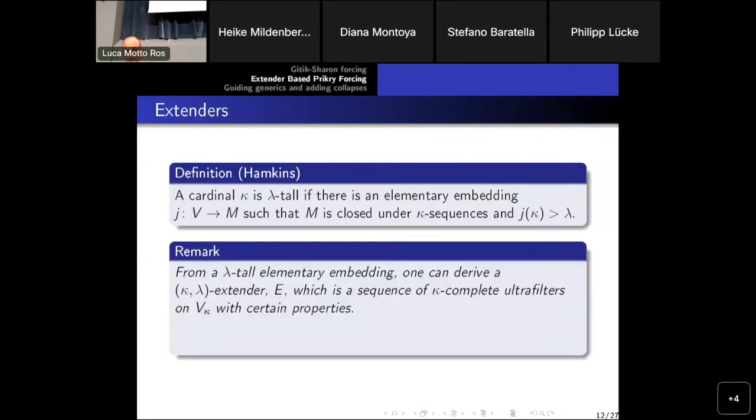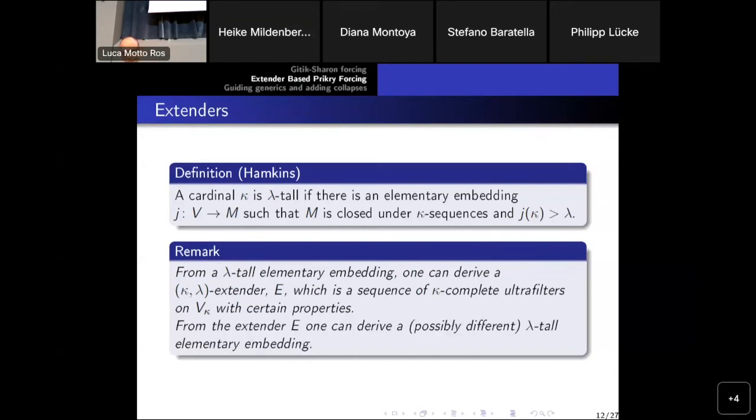Okay. Now, there is a combinatorial definition of the same concept, but we don't really need it. So we can code this elementary embedding by some sequence of measures, kappa-complete ultrafilters on kappa.